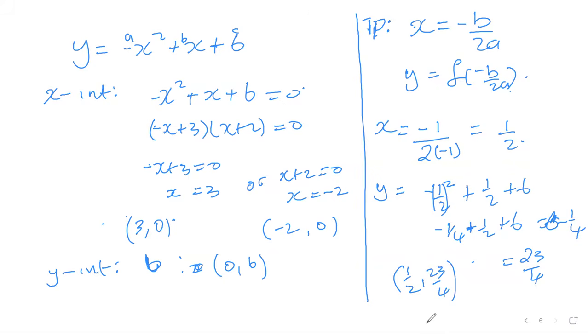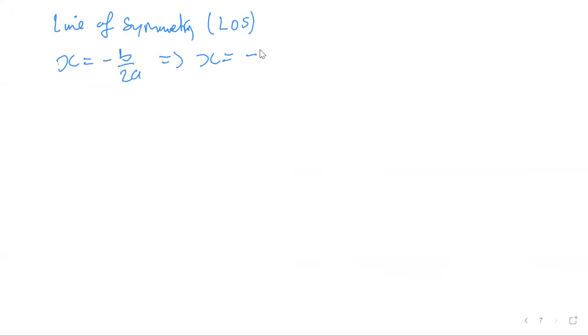That's our turning point. So once we've gotten our turning point, next is to get our line of symmetry. Our line of symmetry, usually denoted by LOS, is given by the line x equals -b/2a, which in this case will be the line x equals -1/2.